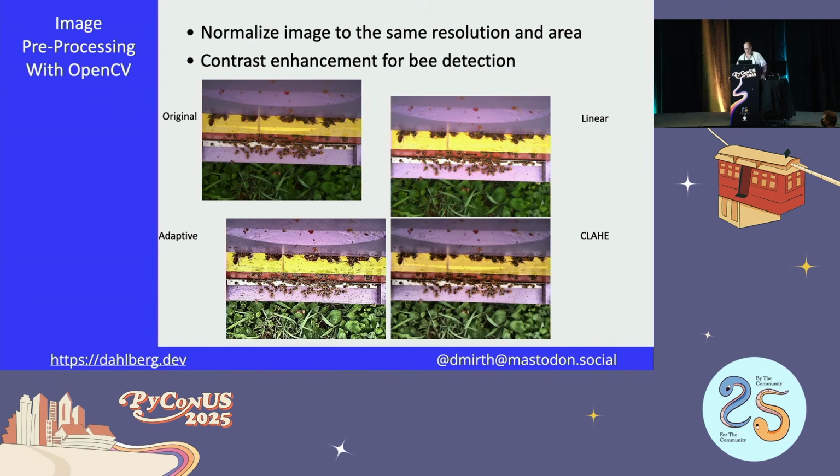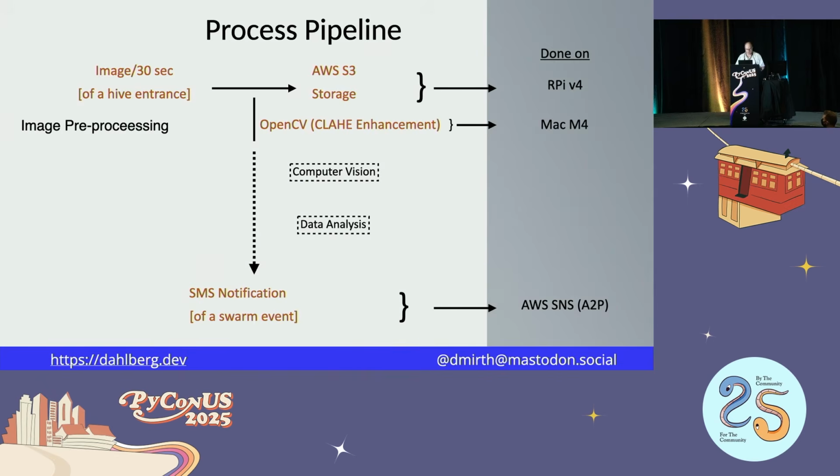The lightness channel is then modified to obtain optimal results. Adaptive is kind of a hybrid between the two. I believe I obtained the best results with CLAHE pre-processing. So we now have the next step in our process pipeline, which is pre-processing using CLAHE.